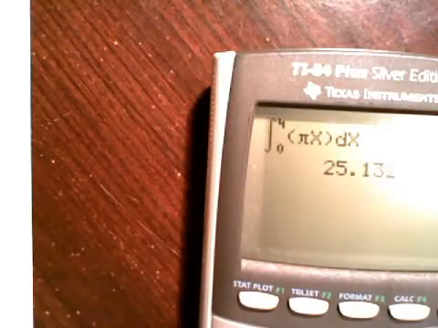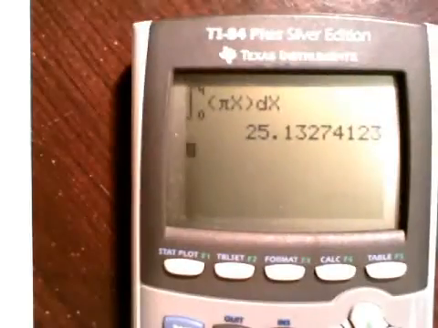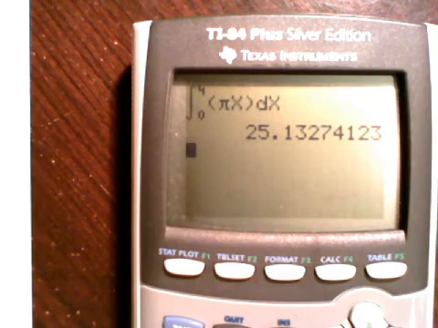And if you have the fancy calculator, then that's how you write it. Okay, and there you go.